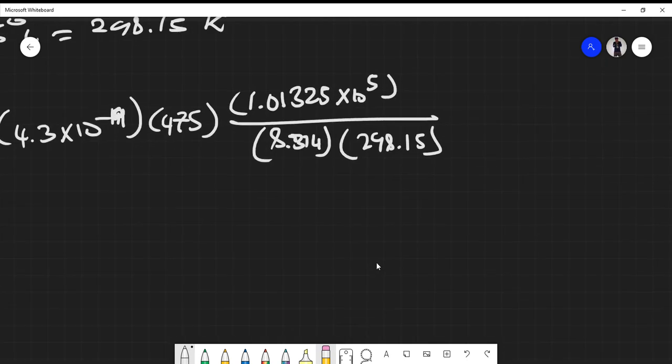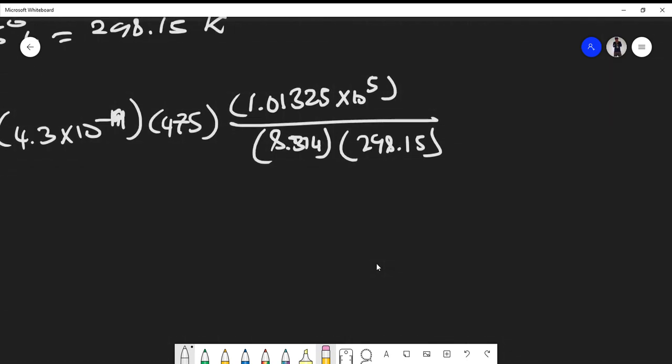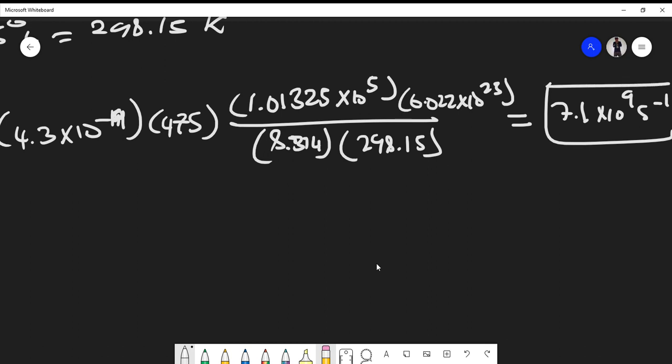And on the top we also have Avogadro's number, 6.022 times 10 to the 23rd. This is equivalent to about 7.1 times 10 to the 9 per second. So that would be the collision frequency for a nitrogen molecule at a pressure of 1 atmosphere and 25 degrees C.